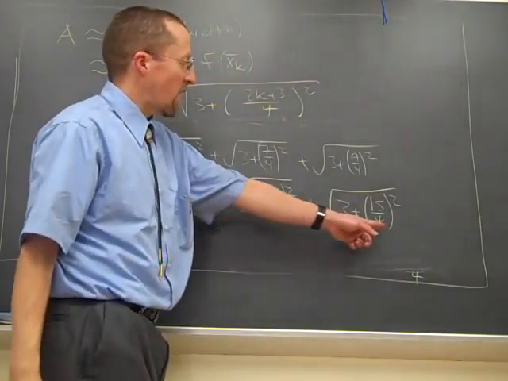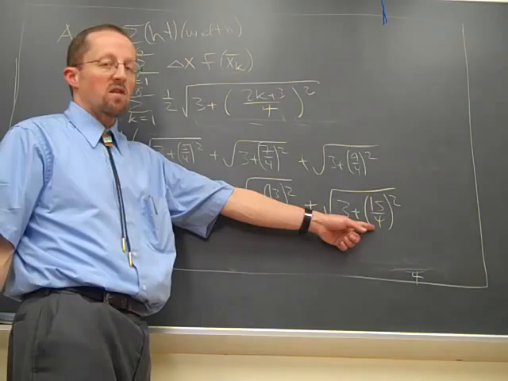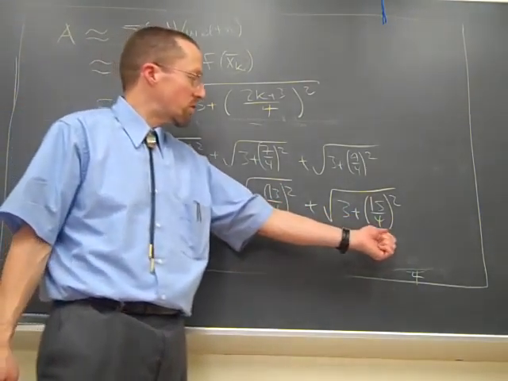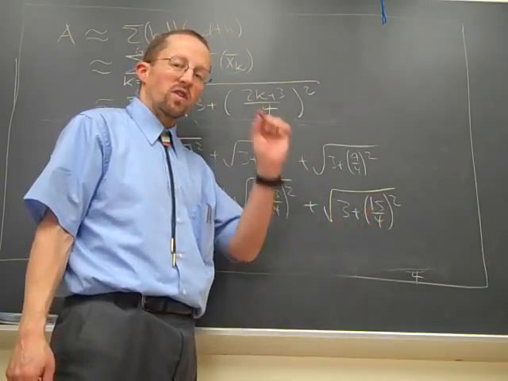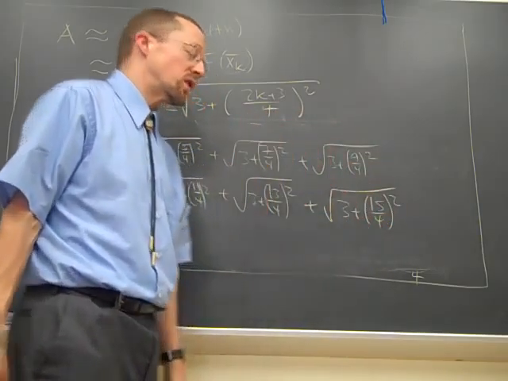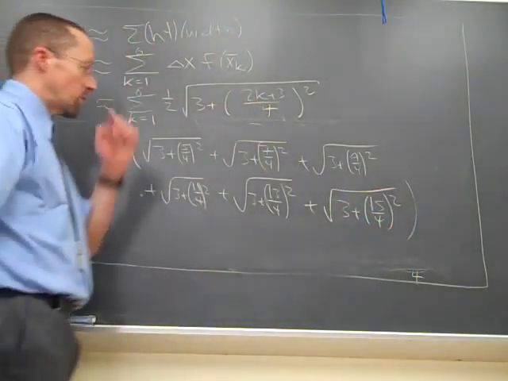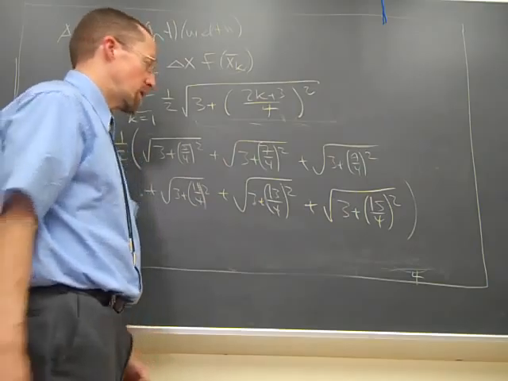Now, we can check that. That's not supposed to exactly be the end of the interval, but it should be pretty close. And remember, the end of the interval was 4. It was 1 through 4 that we're integrating. And that's almost 4. It's just a quarter away, 1/2 of a delta x away. And then close the parentheses. And that's what you'd actually have to plug into the calculator to get this approximation.